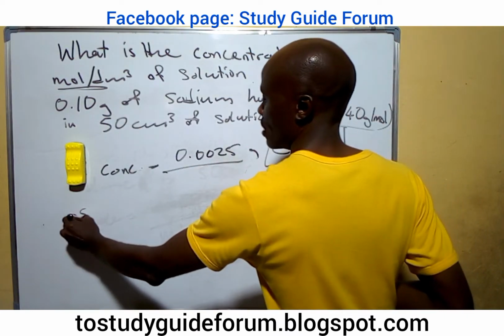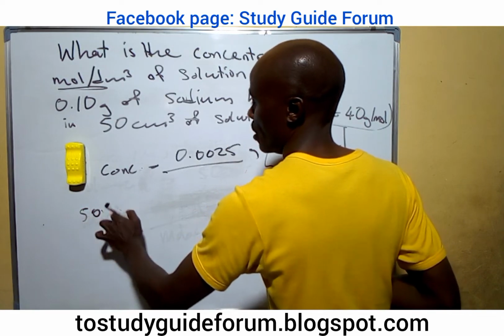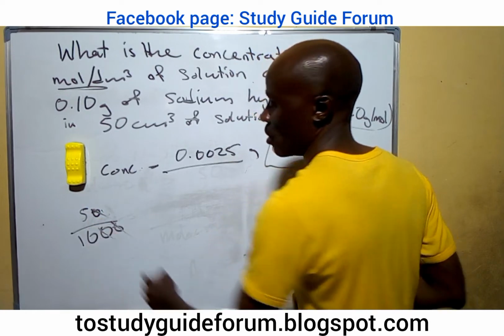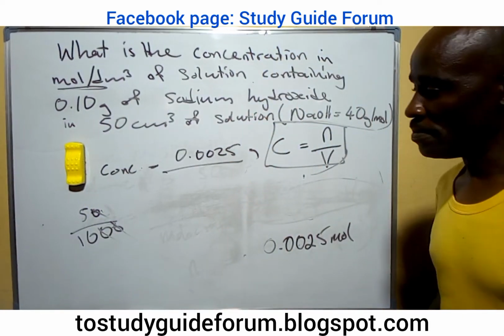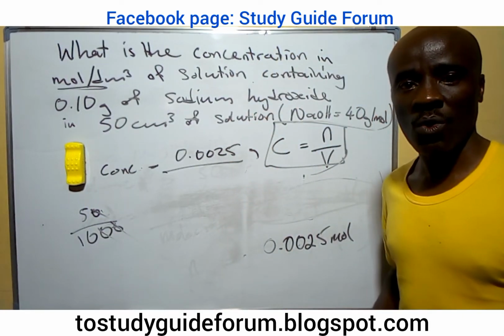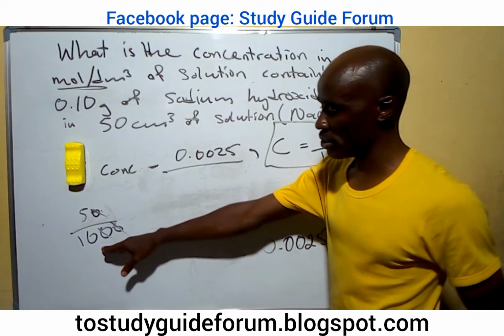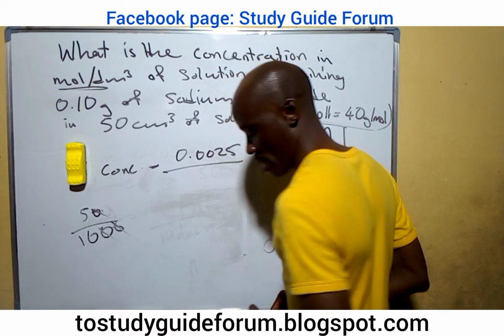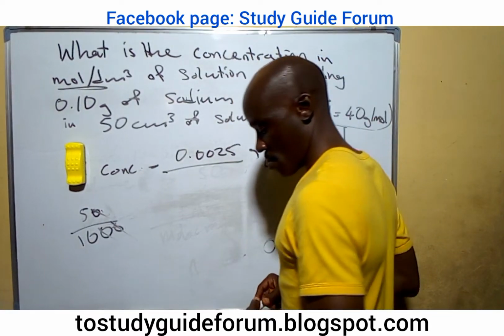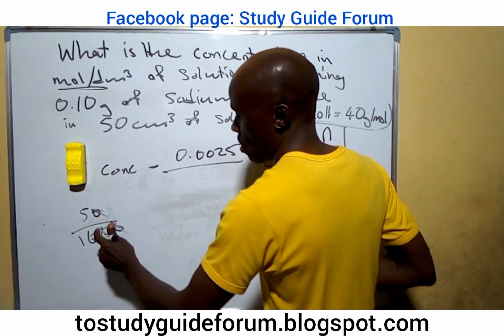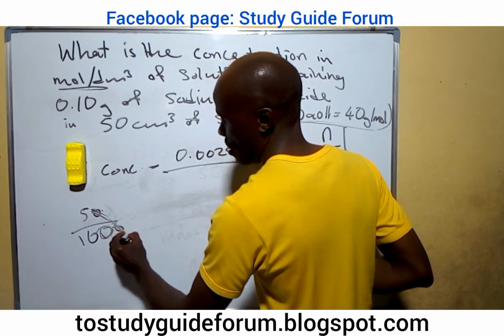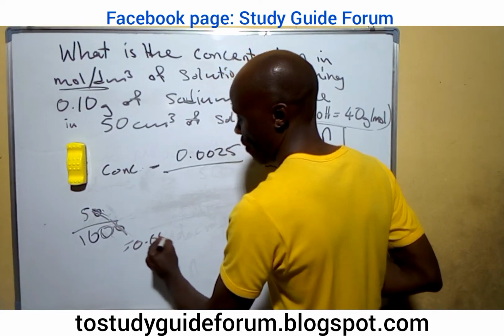So if we are to convert it to dm cube, we'll have, this will cancel, because 1000 cm cube is equal to 1 dm cube. That's why we're using the 1000 here to divide it. So we cancel this and cancel that, and we'll have 0.05.